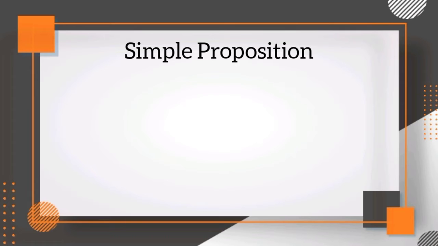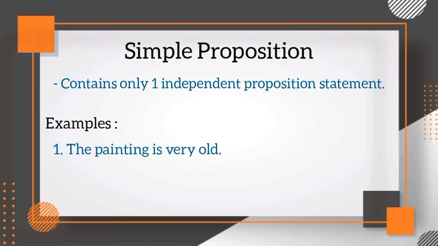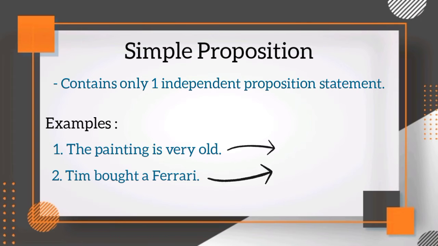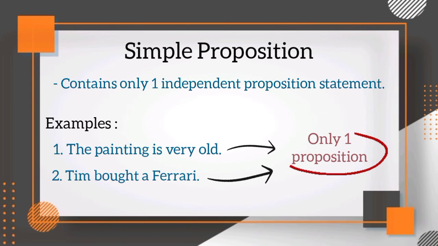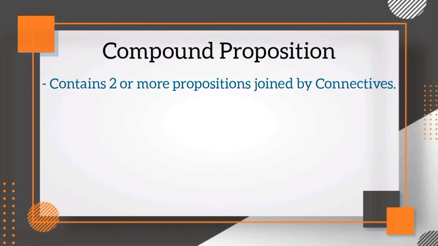The simple proposition contains only one proposition statement. An example of these are the painting is very old and Tim bought a Ferrari. As you can see, both of these are just one independent proposition statement. While compound propositions contain two or more propositions joined by connectives.